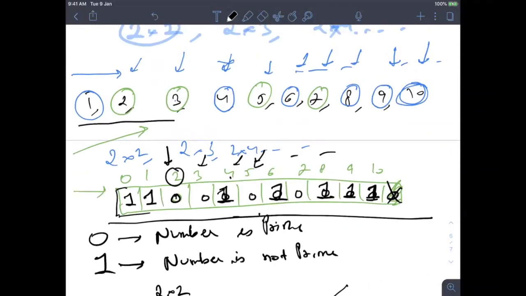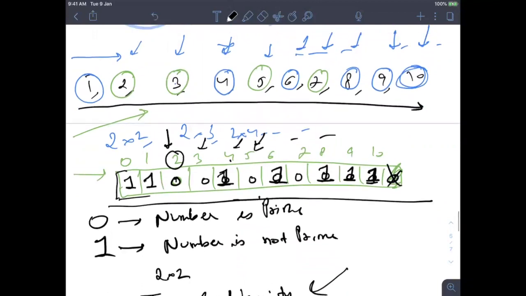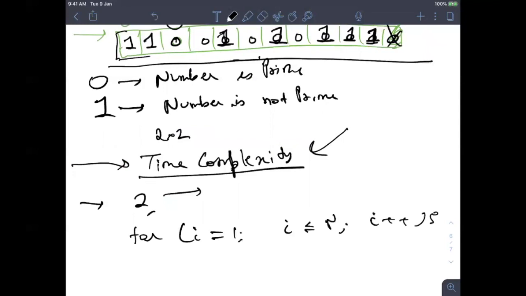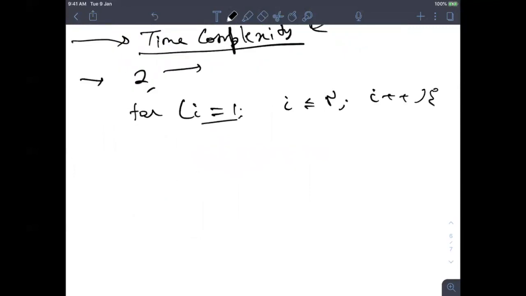There is a loop, i plus plus, so n will definitely come into the picture for sure over here. We cannot ignore that.